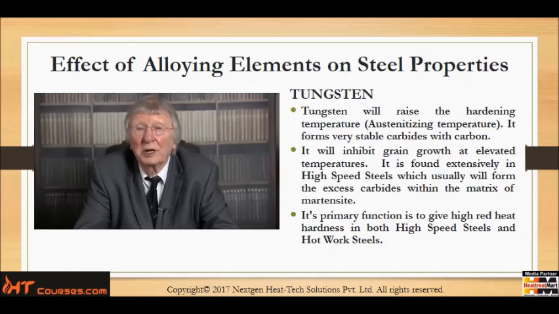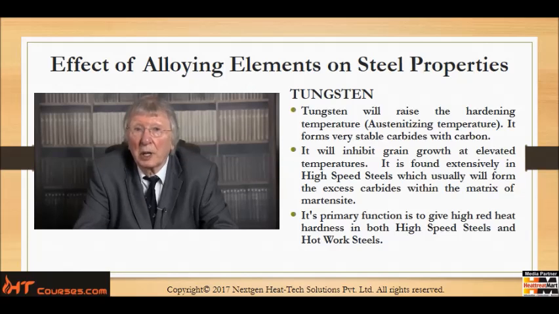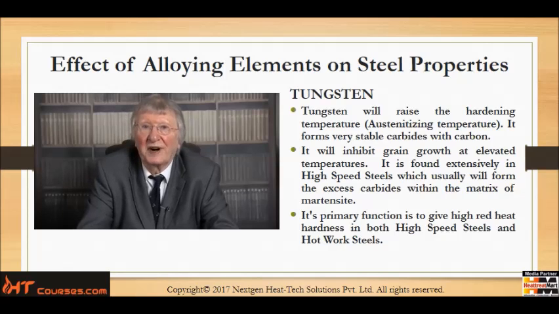In other words, the tool can start to glow red. If it starts to glow red, you've exceeded temperatures above 600 degrees centigrade, and the steel will still retain its hardness value. And it's used in both high-speed steels and a number of the hot work steels.